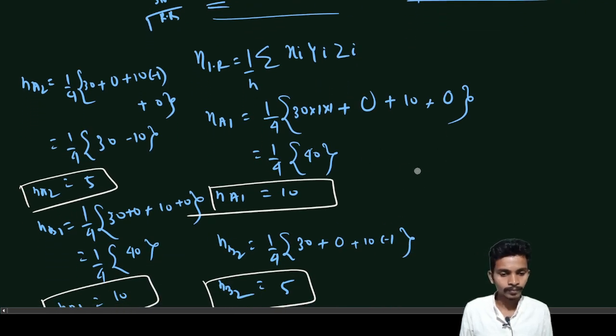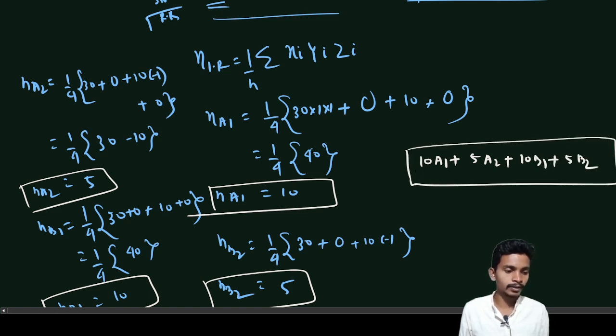That 5, that is 10A1 plus 5A2 plus 10B1 plus 5B2. These are the irreducible representations I get.